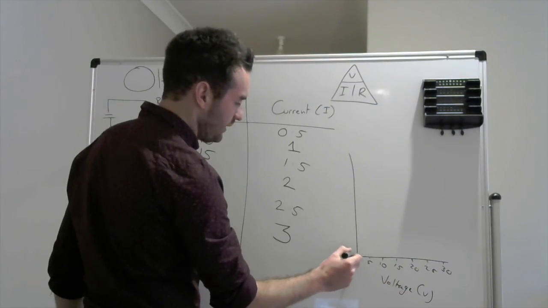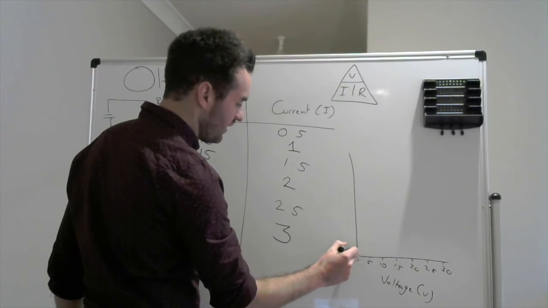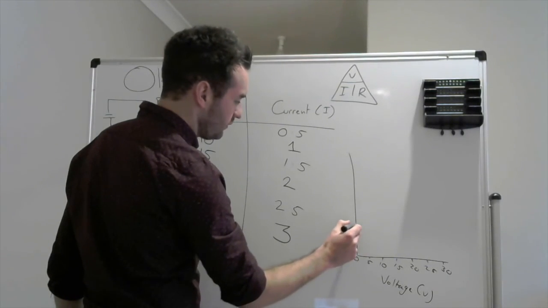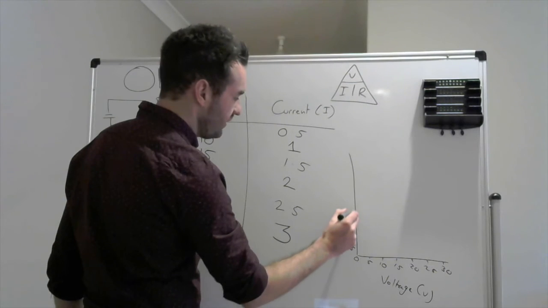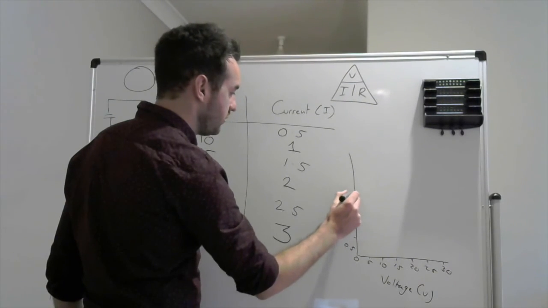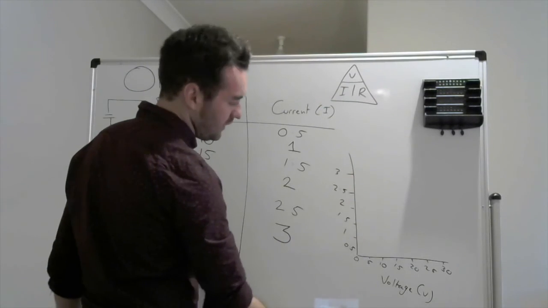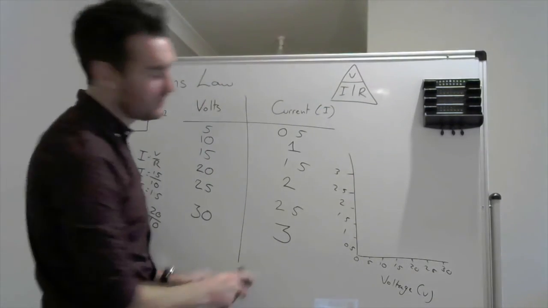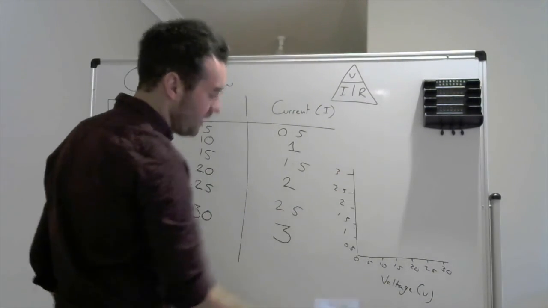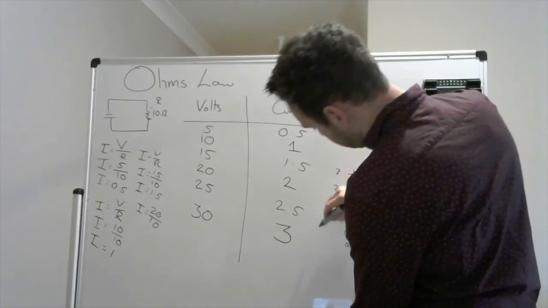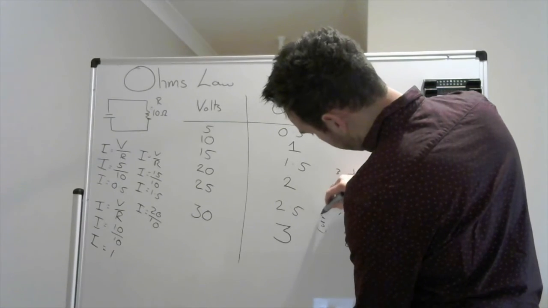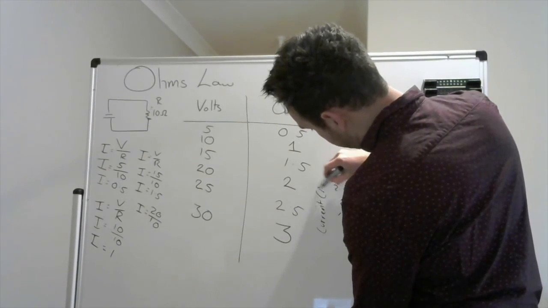So we go 0, 0.5, 1, 1.5, 2, 2.5, 3. So looking at this now, it looks a bit squint, but that's okay. Remember, we always need to label our axes. So this is current. That is measured in amps.